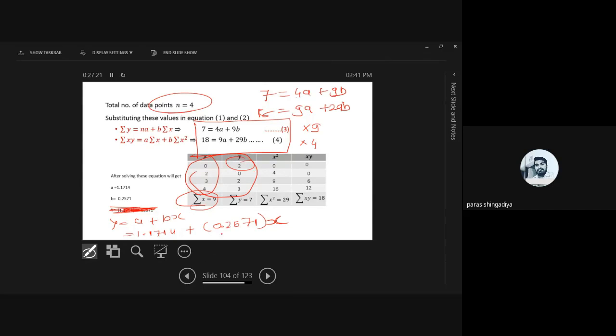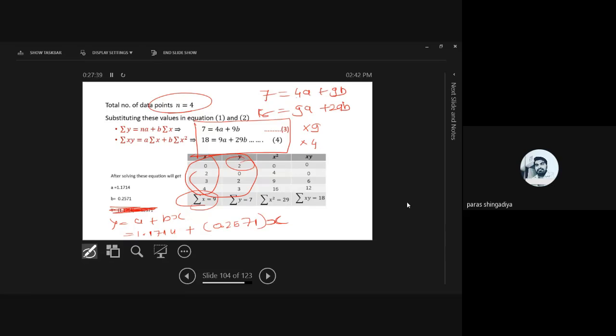When we put x is equal to 0, y is 2 there, and therefore we can find only an approximate answer. We can find only an approximate line which follows this data, okay. This is an approximate line which is nearer to all these points, that is not passing through any point there.